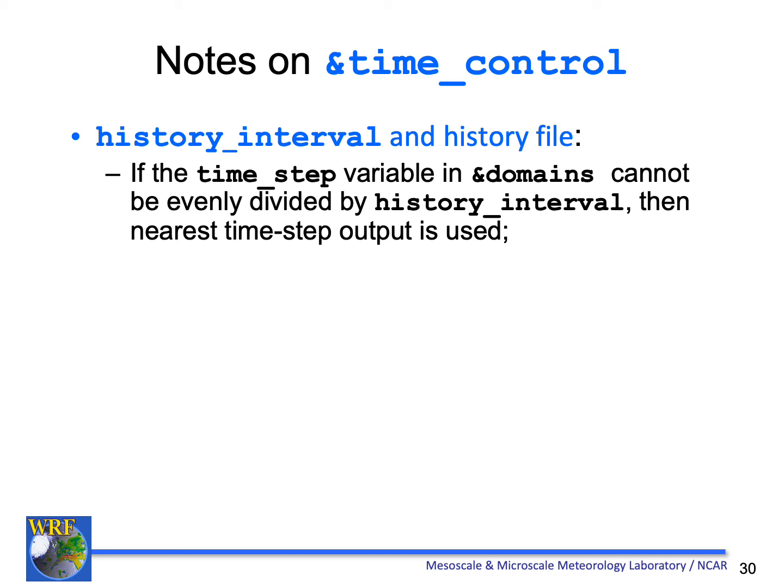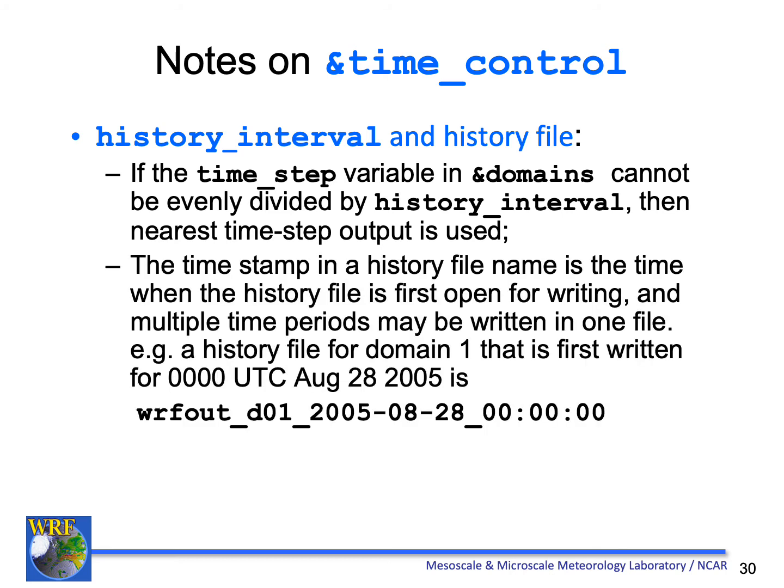Here are a couple of notes on history interval and history files. It is best practice to choose a model integration time step, which will be discussed a little bit more later, that can be wholly divided by the history interval, so that you can always get the model history at the desired time.